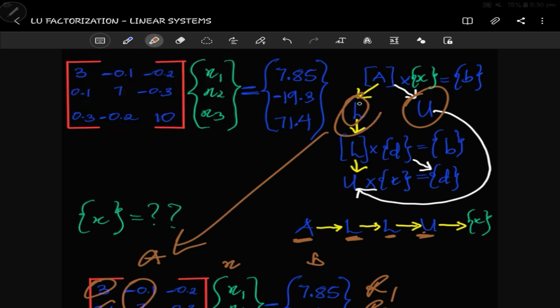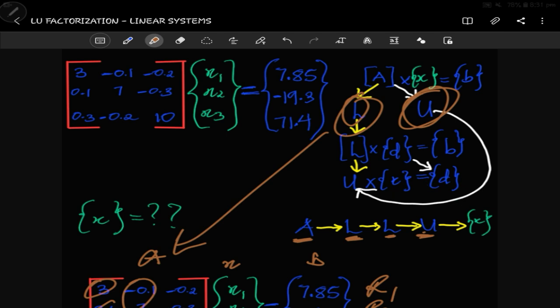We split it into upper and lower matrices, and then with the L, we find a vector d that when we multiply by the L, we get the B, and then that d that we found should be equal to, when we multiply the upper and the x, we get that d, right? So that gives us our x in the end.